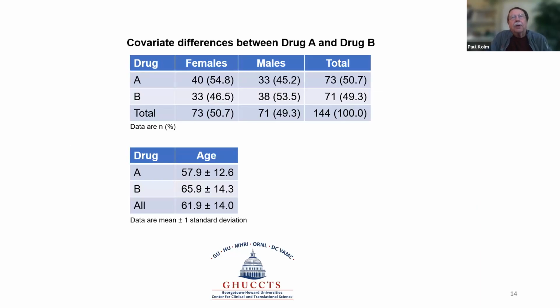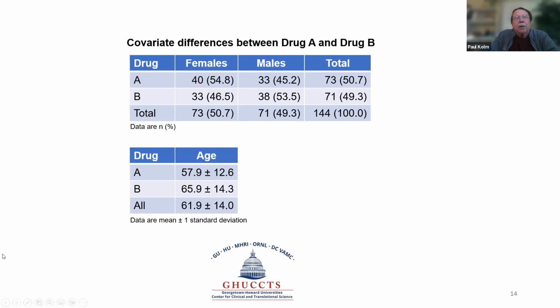So if we just look at the distribution in our data of our covariates, we can see that drug A has more females than drug B, and then drug B has a few more males than drug A. So there's a difference there that might indicate that the male female might make a difference in our outcome variable.